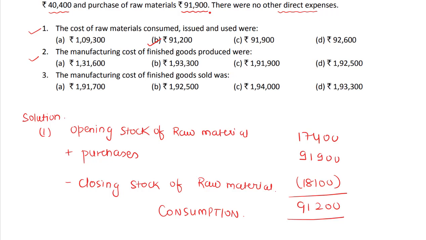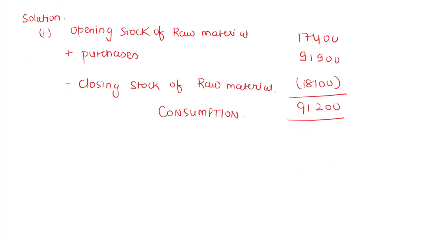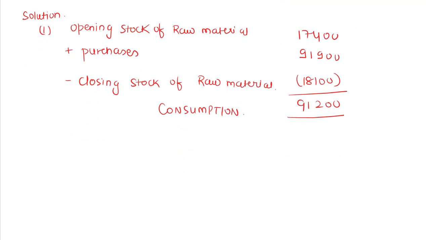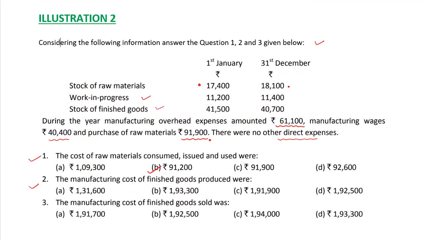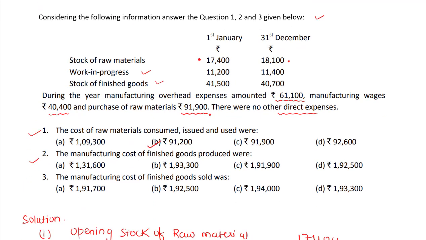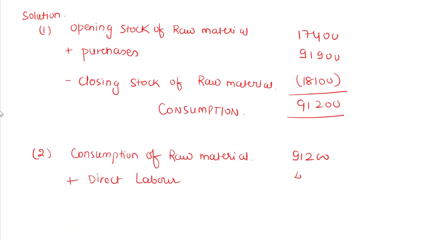1B. Second, the manufacturing cost of finished goods produced were. Consumption of raw material 91,200 plus direct labor, 40,400 manufacturing wages.